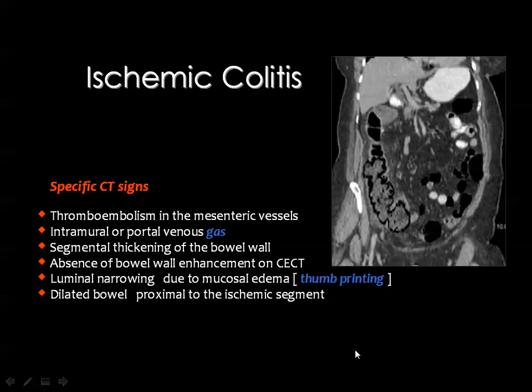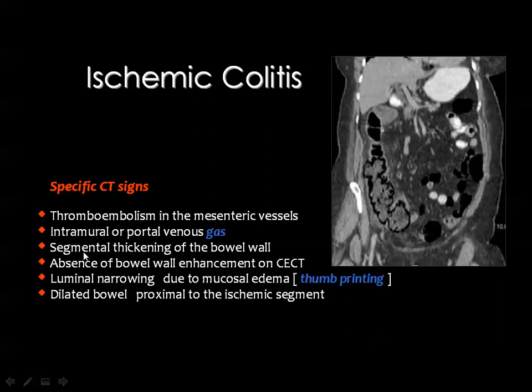And you remember from ischemic changes in the small bowel that after a time there will be necrosis, and there will be gas in the wall of the affected segment, and this gas may leak into the portal vein, which is one of the bad signs of this ischemic bowel disease.